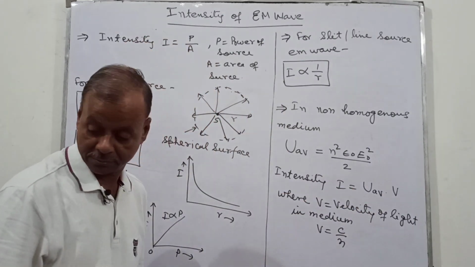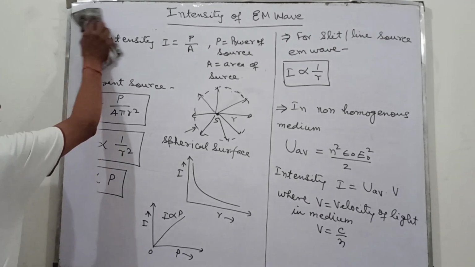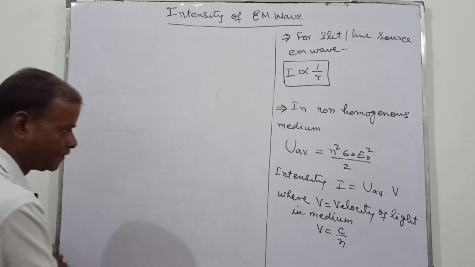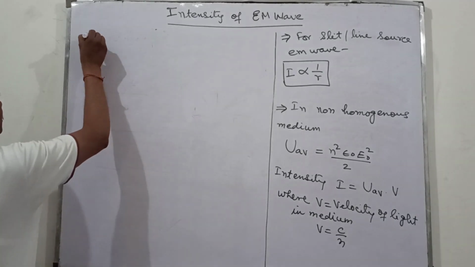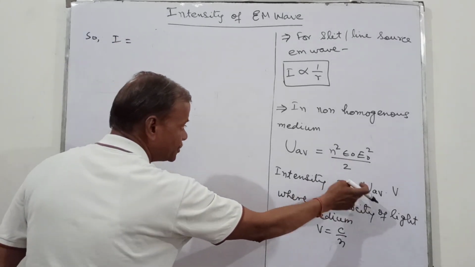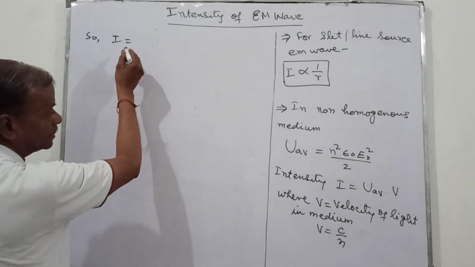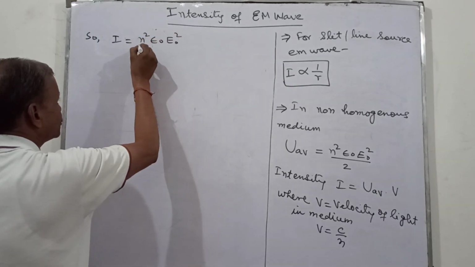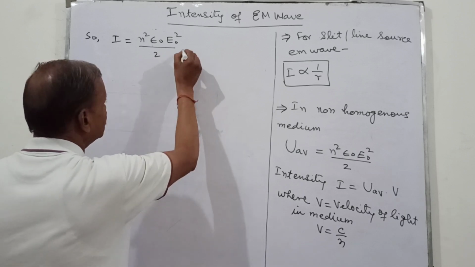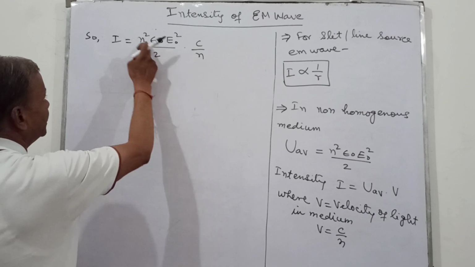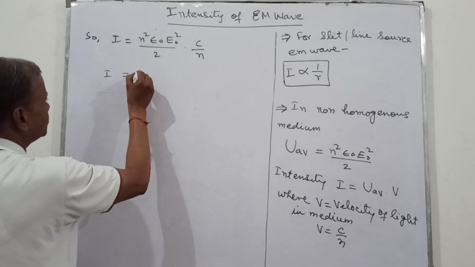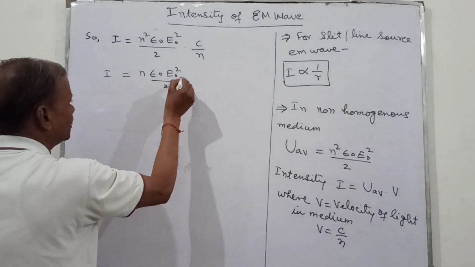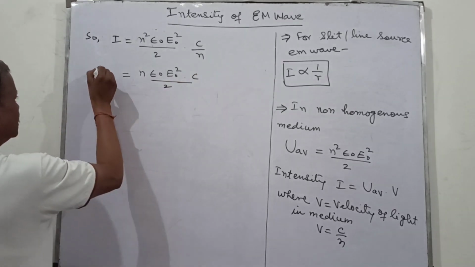So now intensity will be how much? I is equal to U average, so U average is n square epsilon naught E naught square upon 2, into C upon N. So one N will cancel, so this I is equal to N epsilon naught E naught square upon 2 into C. This is now intensity.